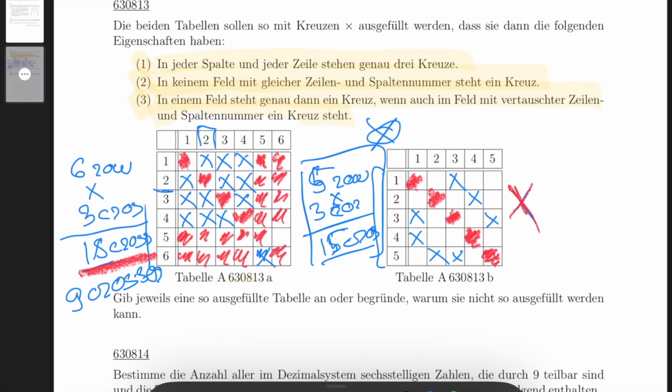We need to distribute our crosses a bit more, not put everything in the beginning in one row or column. So what we need to do is, let's add some step. So we have some pattern, and let's add for example 1 space here, 1 space here.